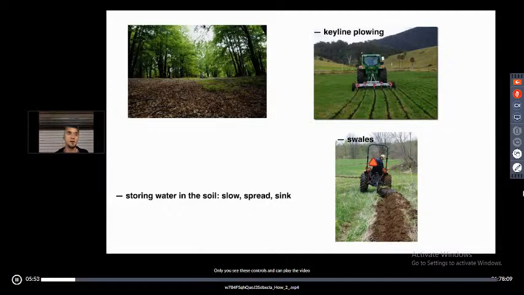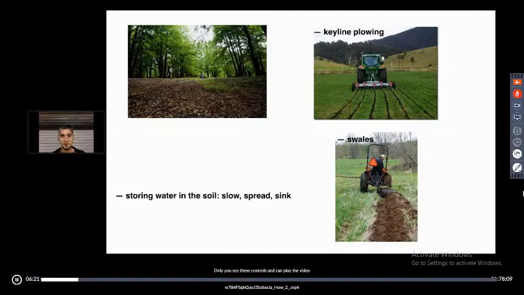So I would say that even swales are something that permaculture didn't invent. That's something that people were using much before permaculture was even a word. But we usually just reference those two as the most important ones.